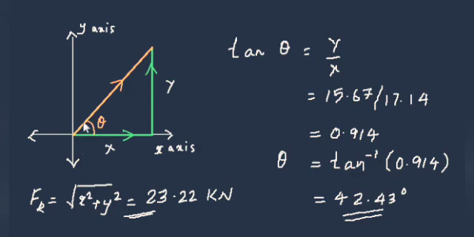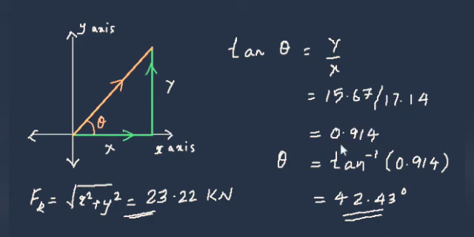And to find theta, or the direction of the resultant force, you have tan theta equals y divided by x. You know it's 15.67 and 17.14 for y and x.